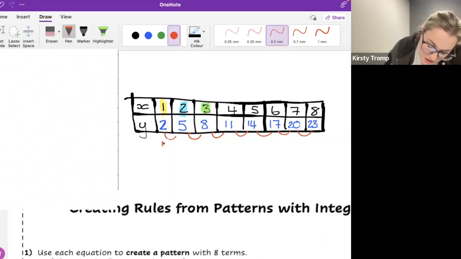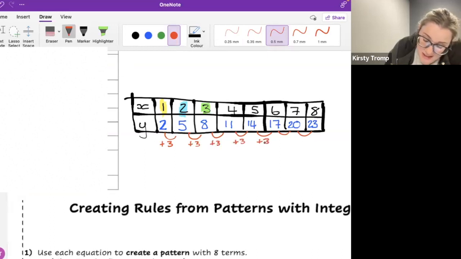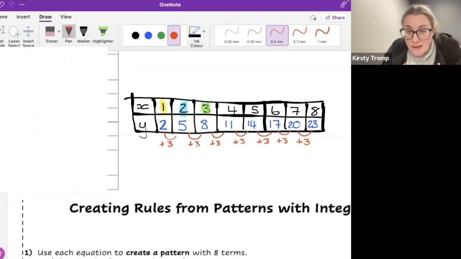Good, Tara Jane. I'm adding 3 each time. Awesome. You guys did this at school today, so you must have done so well at this. Yes. Good. Well done. Thank you, Tara Jane. So we are adding 3 each time. That's my common difference, guys.